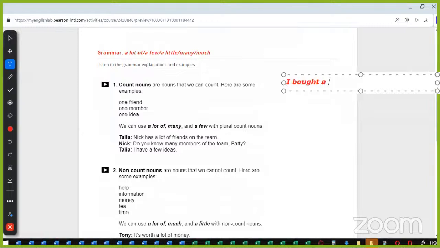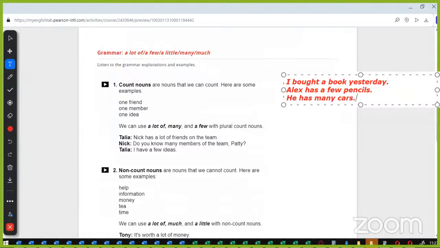I bought a book yesterday. Alex has a few pencils. He has many cars. Each chapter covers a lot of topics.